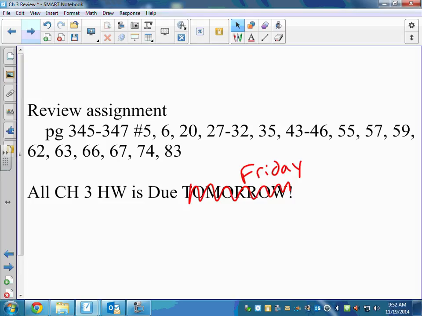Because although we have part 1 of our test tomorrow, you should still be looking at all those other things for Friday's part of the test. These have odd answers in the back, so I cannot stress enough how much you should check your odd answers. And if you want, I can go through these and tell you which ones are on which part.